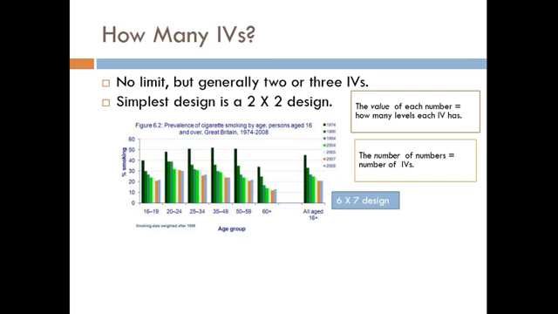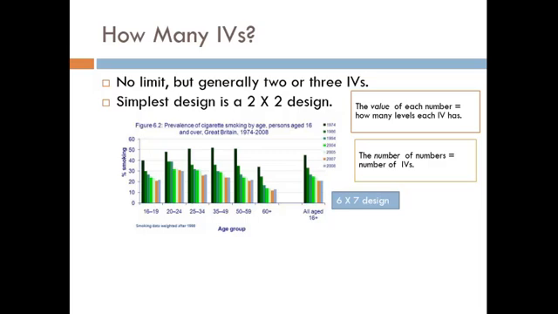Just to break away from these 2's to help underscore what I mean, the value of each number indicates how many levels, and the number of numbers indicates how many variables. Here we have a 6 by 7 design. So how many independent variables are there?